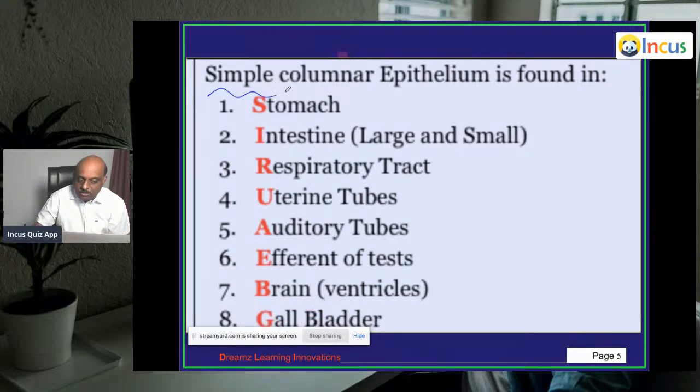Simple columnar epithelium, you can remember. Where is it present? Stomach, intestine, both large and small, respiratory tract, uterine tubes, auditory tubes, efferent ducts of testis, gallbladder. You can find simple columnar epithelium.